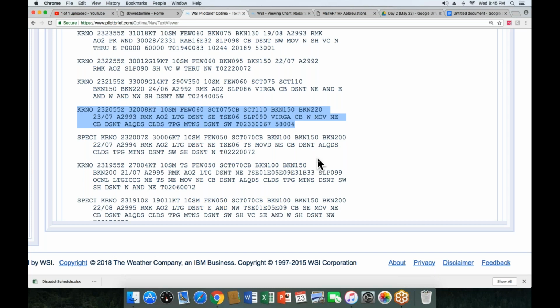So for the remarks, lightning in the distance to the southeast. Thunderstorms ended at 6 after the hour.